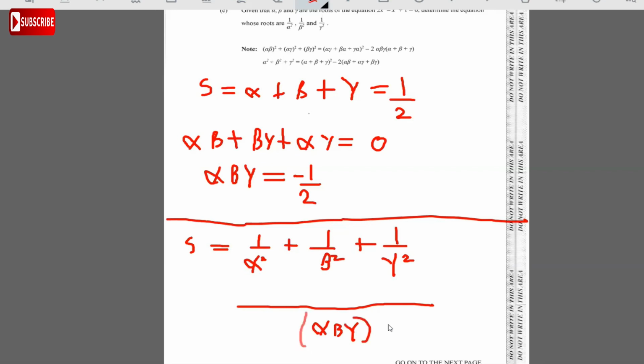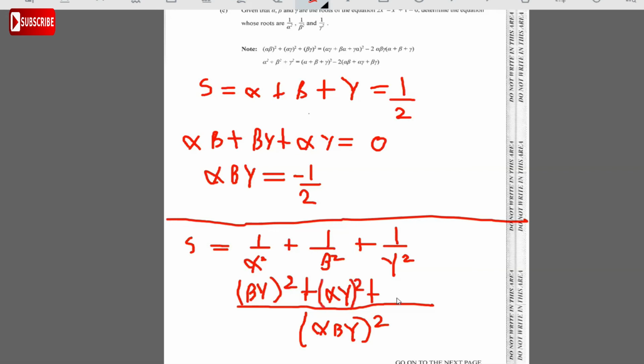When you work this out, this into this leaves beta gamma square, so this will leave beta gamma all square, plus this into this will leave alpha gamma all square, and this into this will leave alpha beta all square.